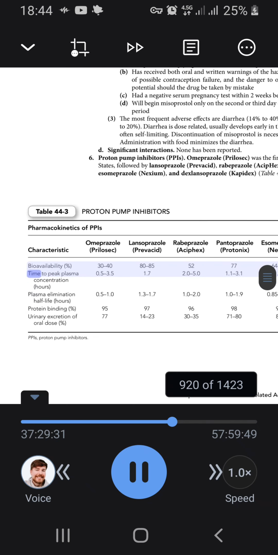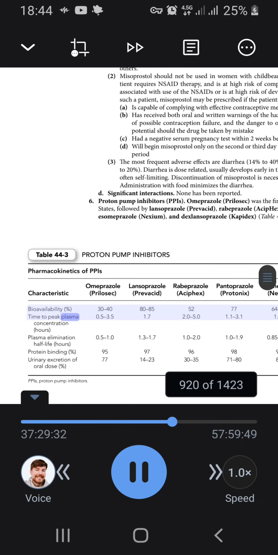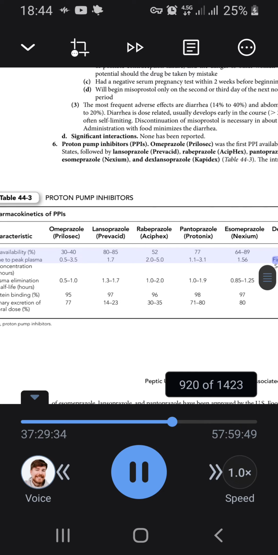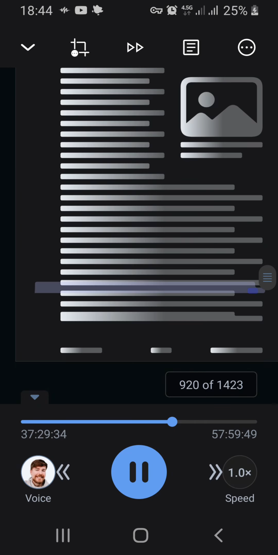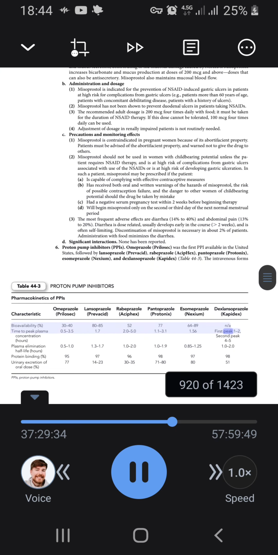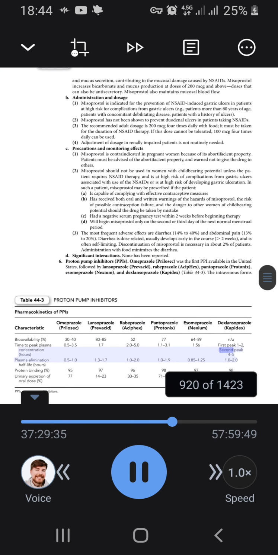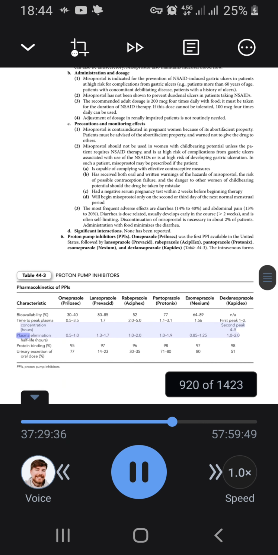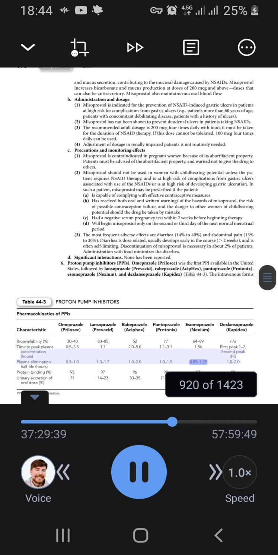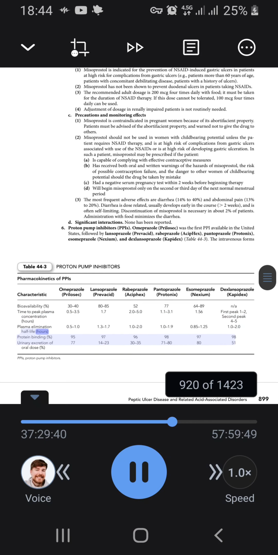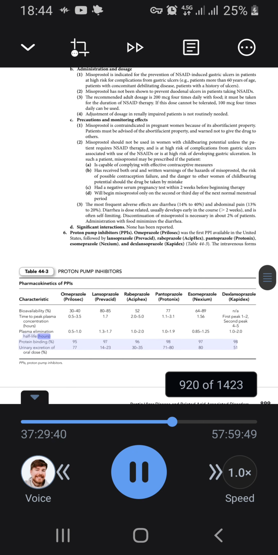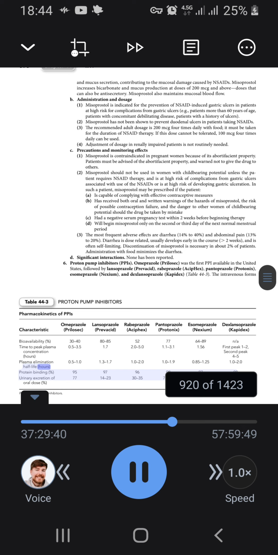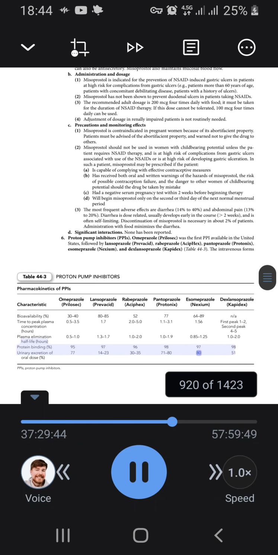Bioavailability, time to peak plasma concentration, first peak and second peak in hours, plasma elimination half-life, and protein binding of 95 to 98 percent.